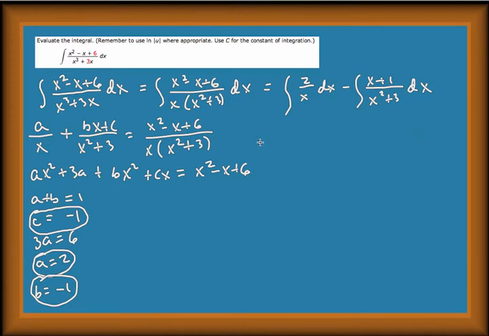And of course this first term, when we integrate this, we're just going to wind up with 2 times the natural log of the absolute value of x. Now what we're probably going to want to do is separate this next one up into 2 pieces. So we'll have the integral of x over (x squared plus 3) dx minus the integral of 1 over (x squared plus 3) dx.